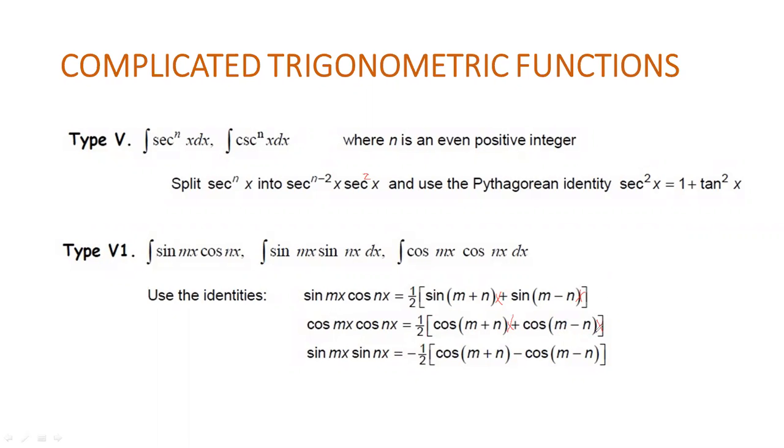So the argument of the resulting simplified sine function or cosine function consists of the sum or difference of the two constants that appear in the sine and cosine functions, or in both the cosine and sine functions that appear in your original integral. Okay, so convert first this particular trigonometric expression using this identity.